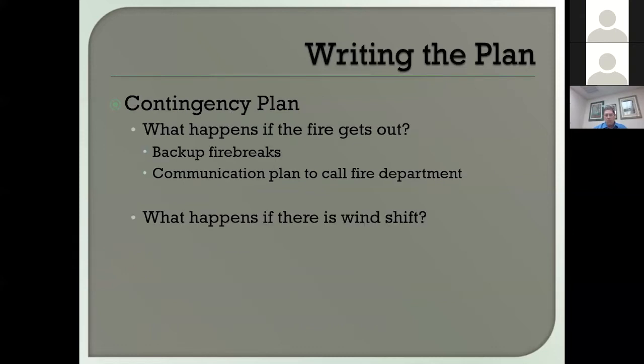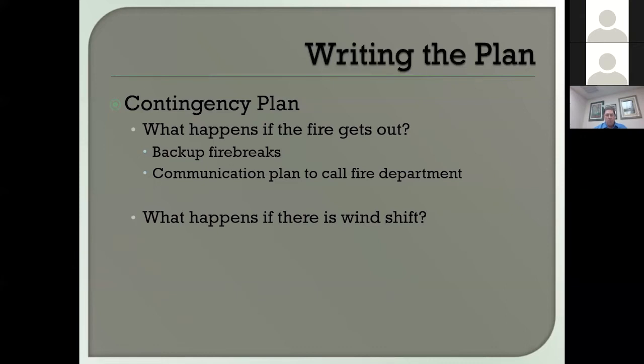The last thing that we'll typically do is sometimes we'll write a contingency plan: okay, what happens if the fire gets out? It's very rare that you're ever going to need your contingency plan. The reason why we put the contingency plan in there is twofold. One, if it happens, we have the plan. But two, it forces you to think about it prior to it happening.